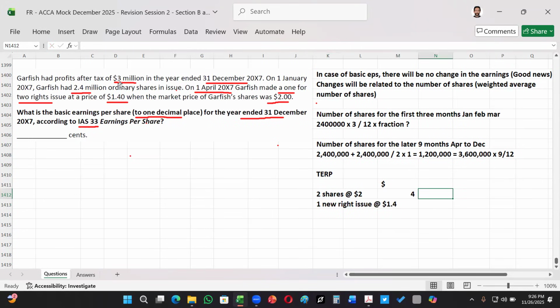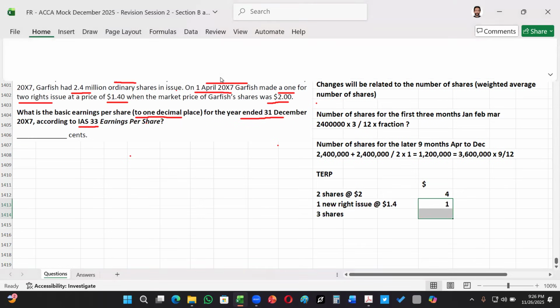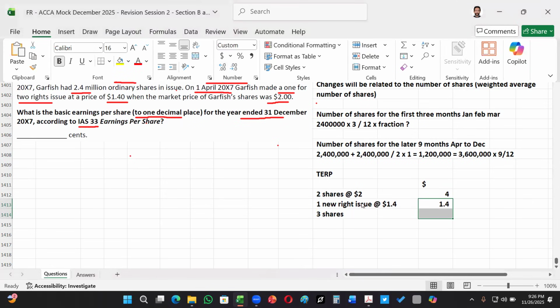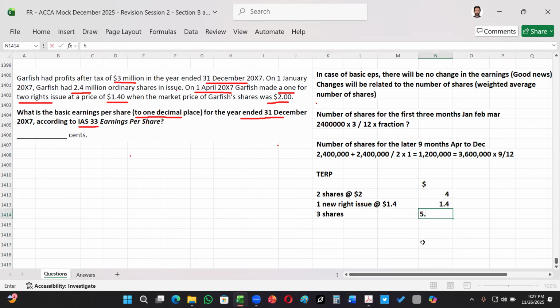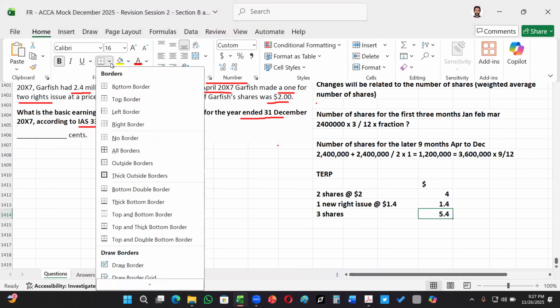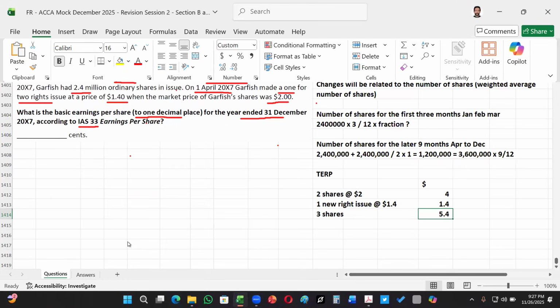So now we have in total 3 shares, 2 old shares and 1 new share, and the value is, let's unround it, 5.4. The value for 2 shares is 4, and the value for this one new right issue is 1.4.